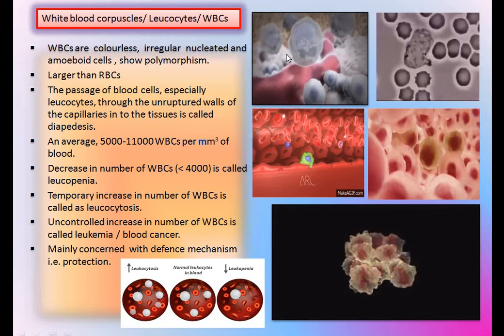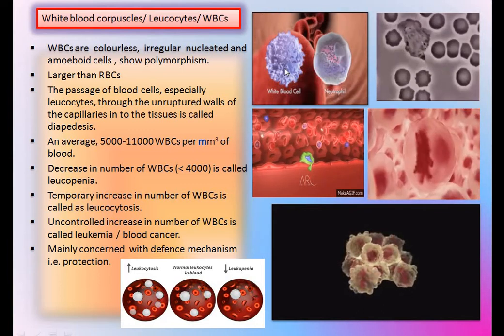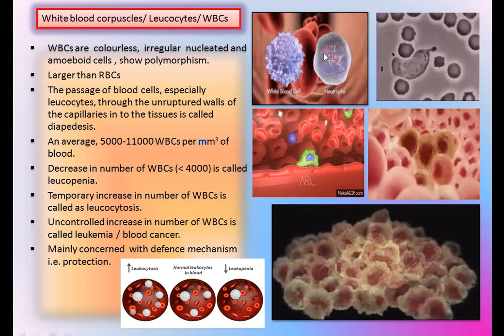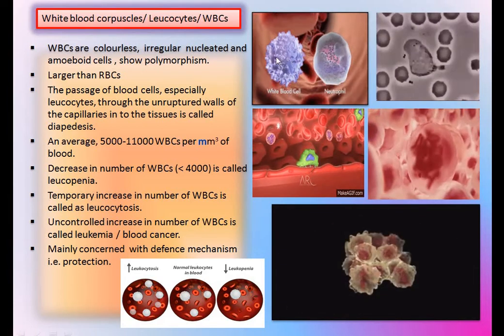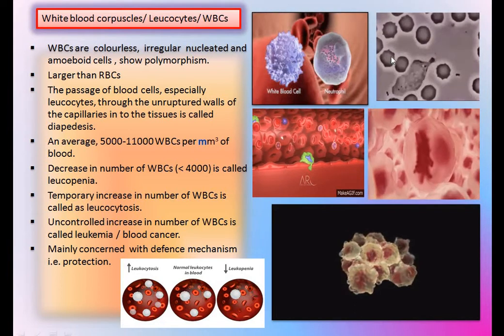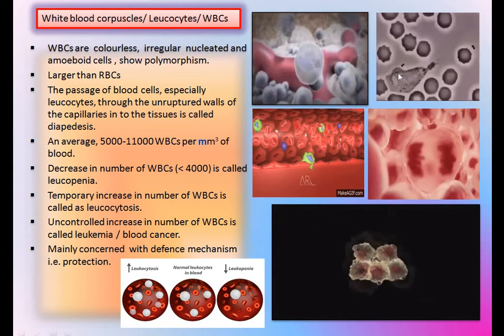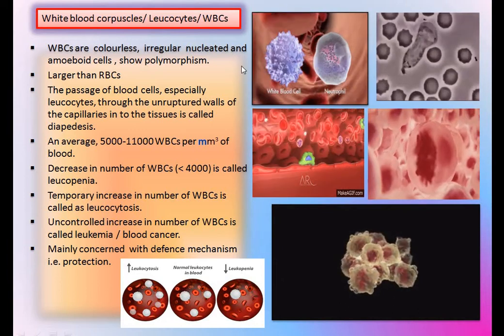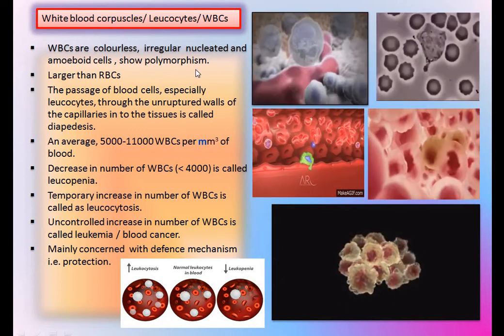Here in the figure, the white blood cells are irregular in shape, nucleated and amoeboid. This is the amoeboid movement. The amoeboid cells show polymorphism.